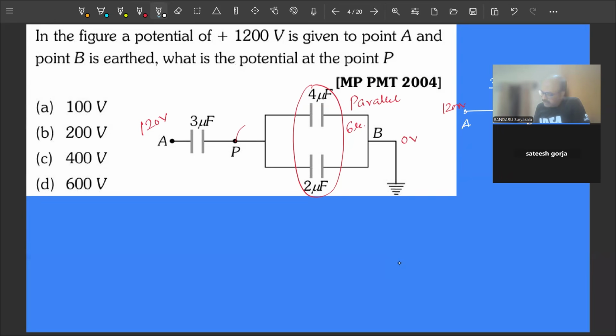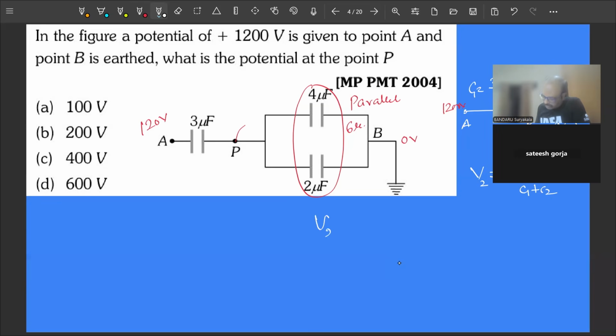Whenever they ask for the potential at the point, we should take V2. The formula for V2 is C1 into V by C1 plus C2. This is C1, this we can take as C2.